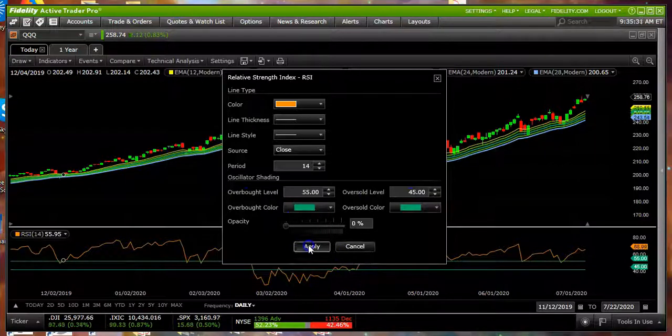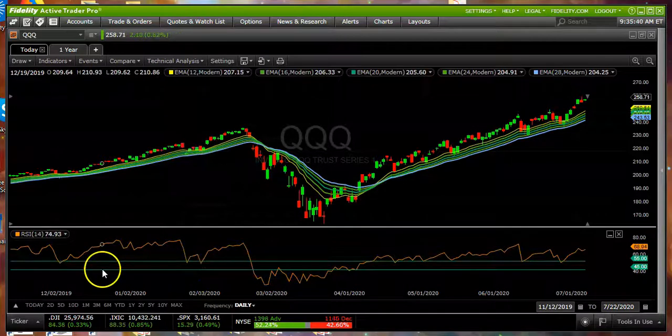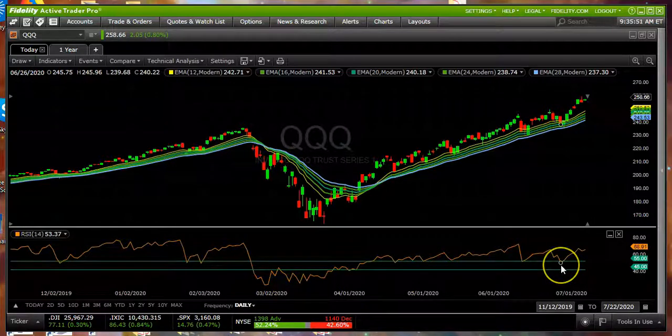So then you click apply and so forth. And notice here that when we pull back into the bands, we really are respecting that 45-55 range. We have to wait for the pullbacks here in order to get the optimum trade location. Same thing over here. Notice here we pulled back into this area and this one.